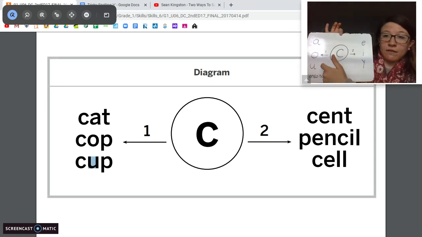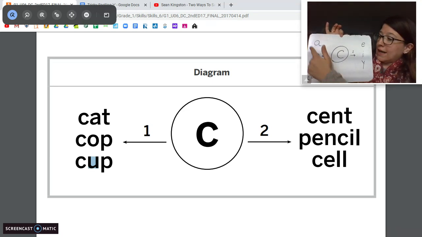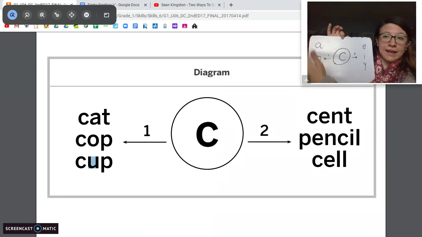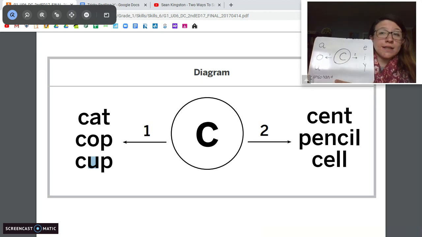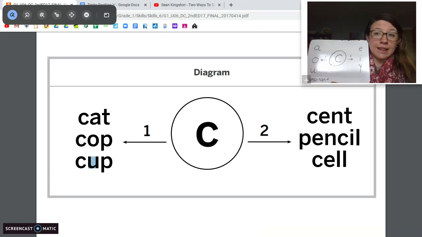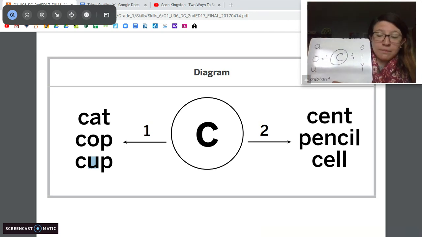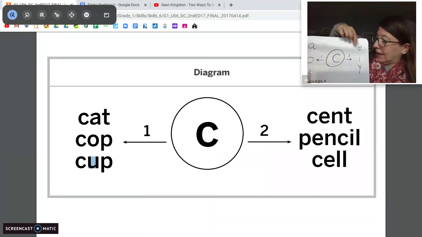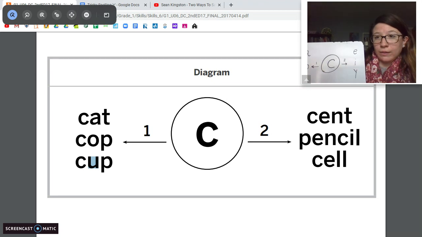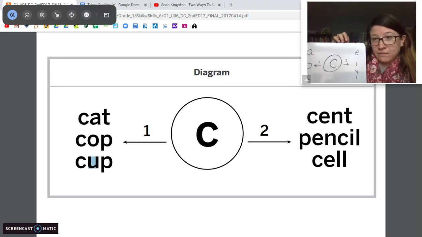So on this side, for the K sound, if there's an A, O, or U, like cat, cop, or cup, it's going to make the K sound. Or a consonant, like an L in clip. Okay? On this side, if it has an E, an I, or a Y following the C, it's going to make the S sound, like scent.